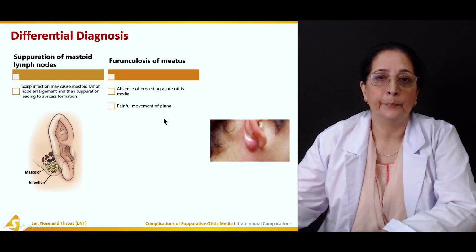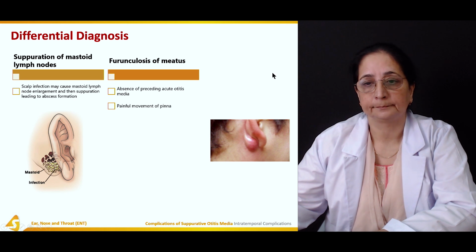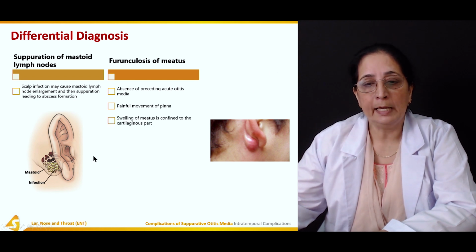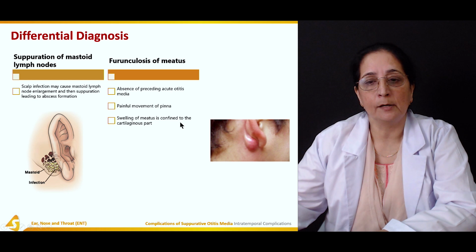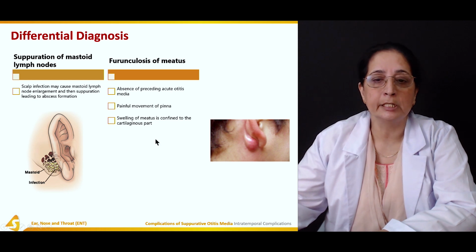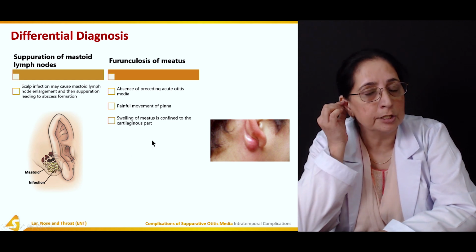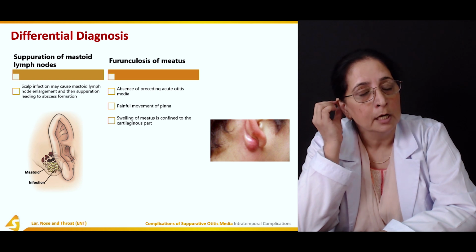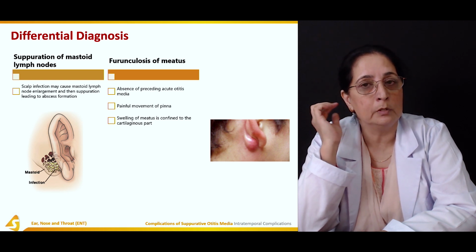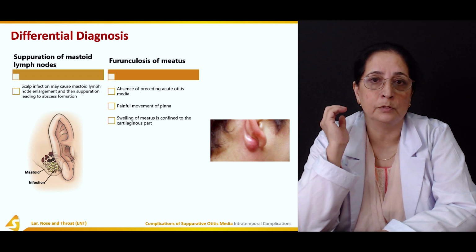Painful movement of the pinna is usually present in furunculosis. And the swelling of the meatus is confined to the cartilaginous part. This is the cartilaginous part of the ear. So usually it is limited to the cartilaginous part, not to the mastoid.